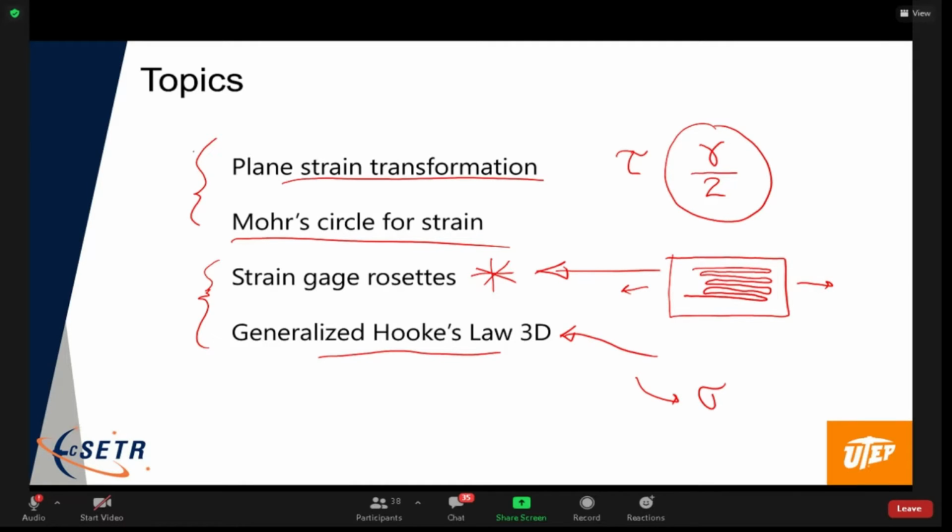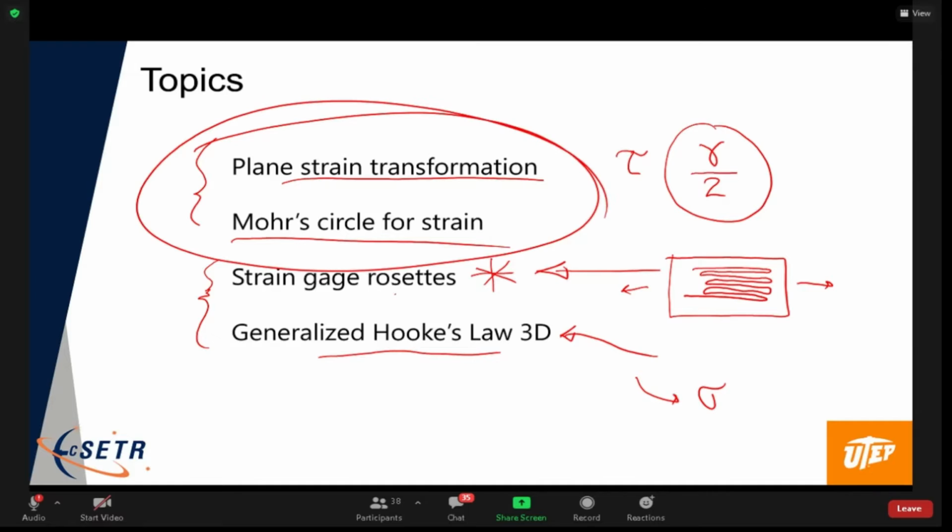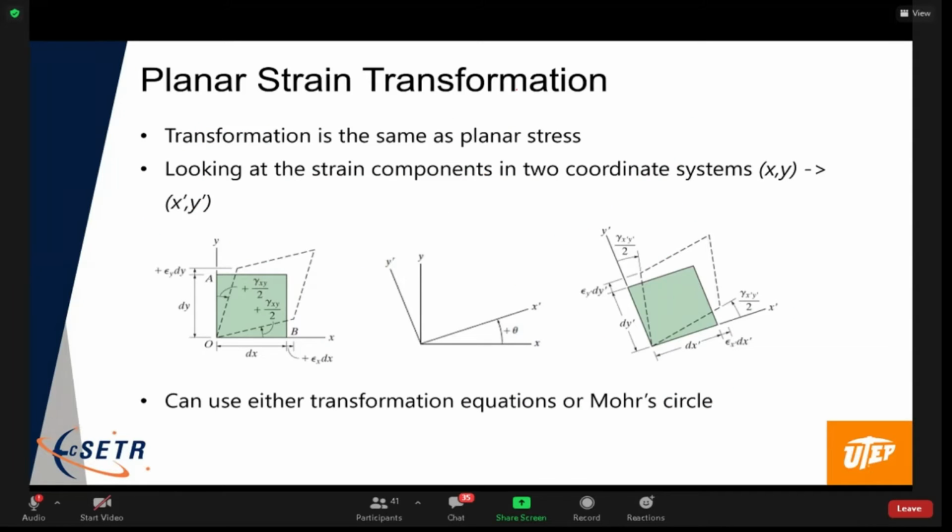But today we're going to just talk about the strain transformations and Mohr circle, and it's all going to go the same way. We're going to have principal strains. We will have maximum in-plane shear strain and also maximum absolute shear strain, okay? Just like with stress. Now, these things go the same.